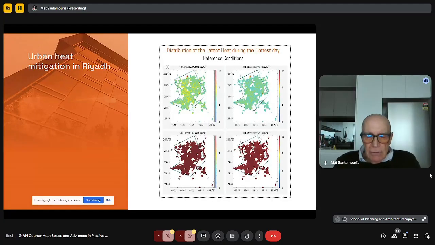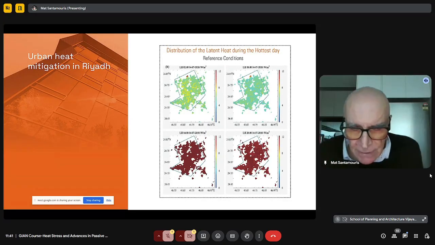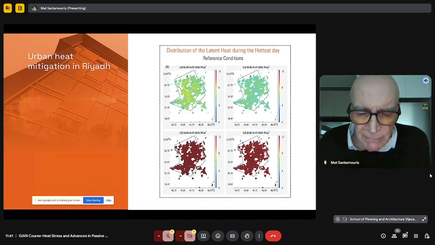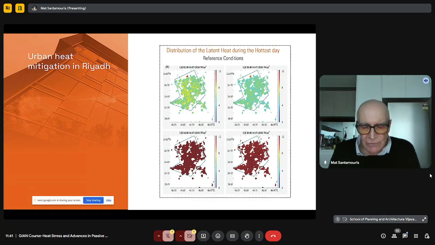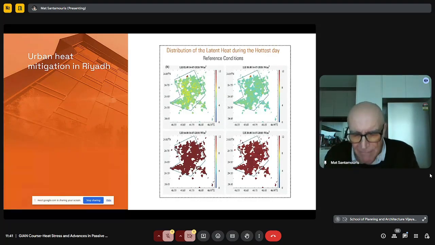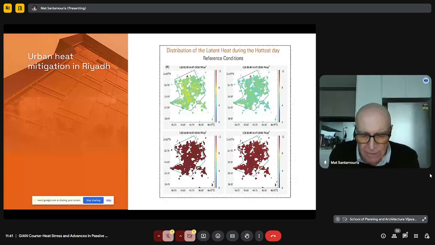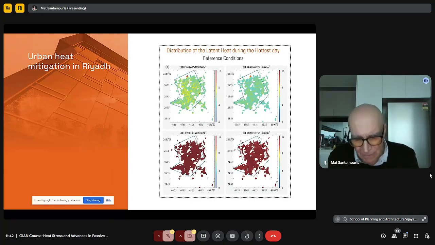So by having all this information in detail, we can really design our mitigation strategy. And the mitigation strategy should be very clear and based on one principle. Let's decrease the gains, let's increase the losses. But to do that, you have to know where the gains are, the reason behind the gains, the characteristics of the gains, where the losses are, the reasons behind the losses, and the characteristics of the losses.